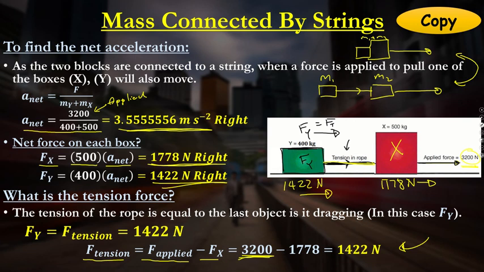So 3,200 minus the net force of X, and you find that the tension force is the exact same as we predicted. It will be the same as the net force on Fy.